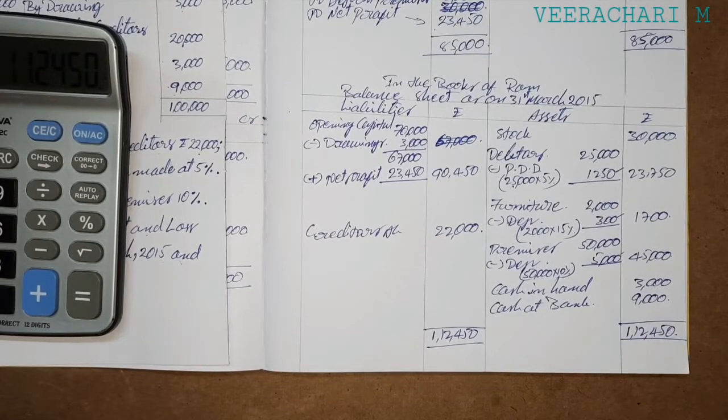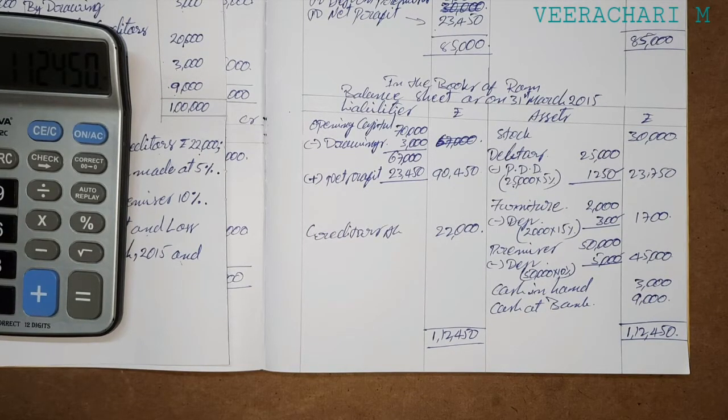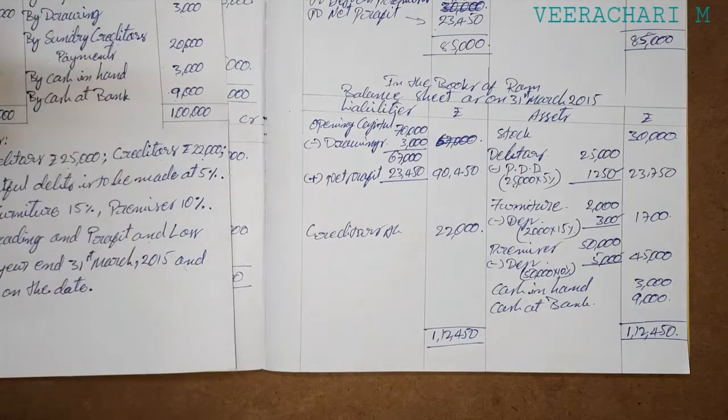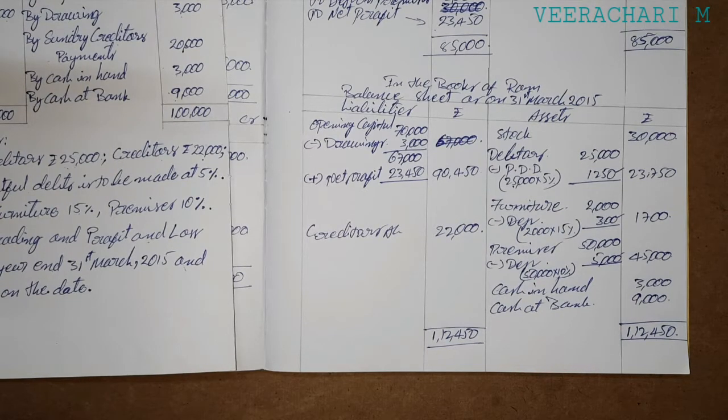Like this we can compute the closing balance sheet after these adjustments and prepare the new balance sheet. It indicates full marks. The examiner is impressed and allots full marks for this solution to you.